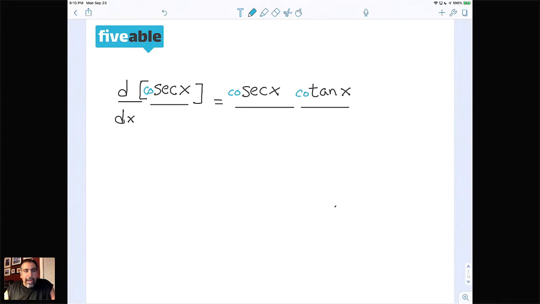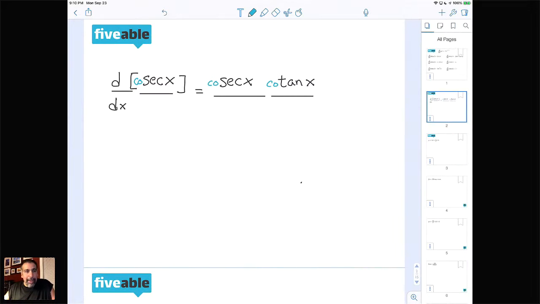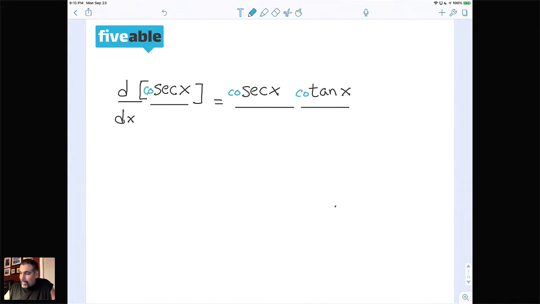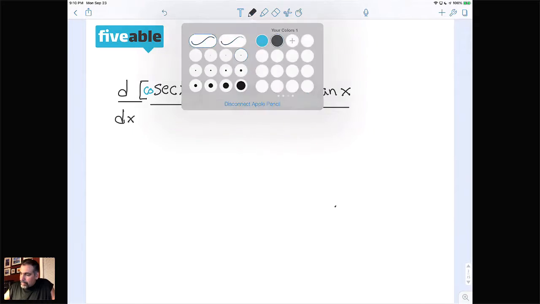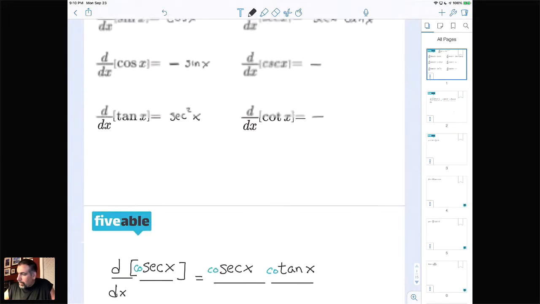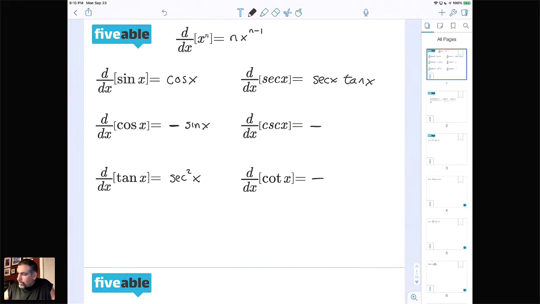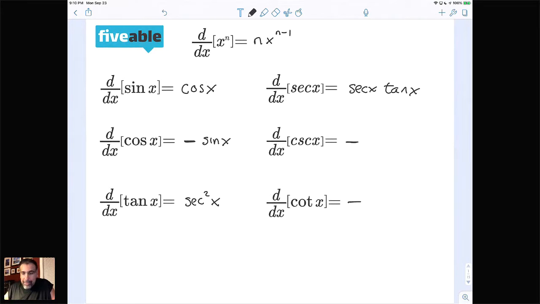So if I do that, I've got the derivative of cosecant being cosecant cotangent, but there's just one little problem with that. You've got to remember, since it begins with C, that answer actually has to be negative. So the derivative of cosecant, and we'll go back and write over here, the derivative of cosecant is negative cosecant x cotangent x.